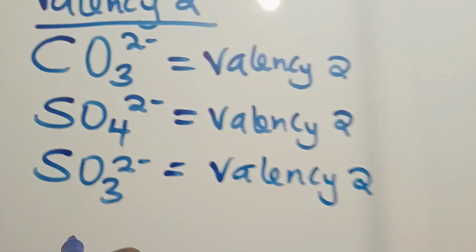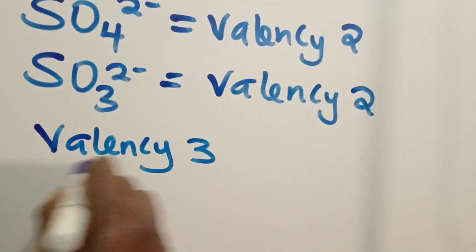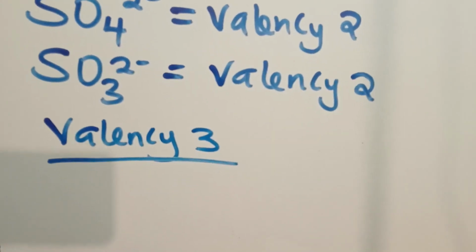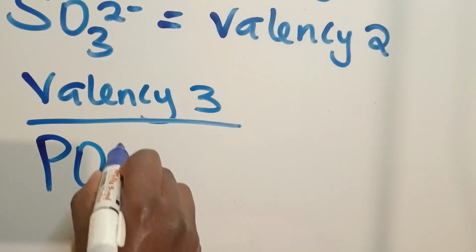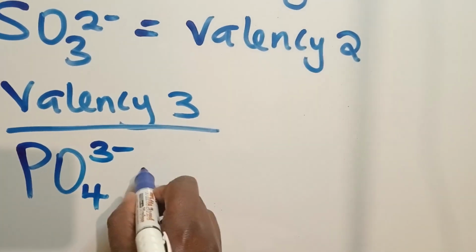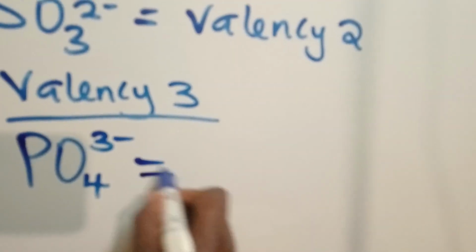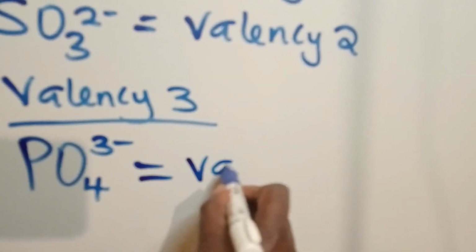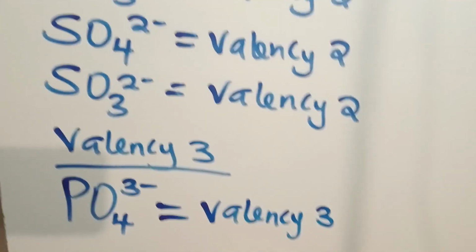Then we go to those radicals that have a valency of 3. Those include the phosphate ion. Again, we check on this number, so we say that it has a valency of 3.